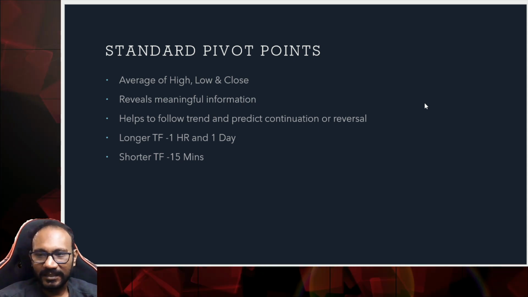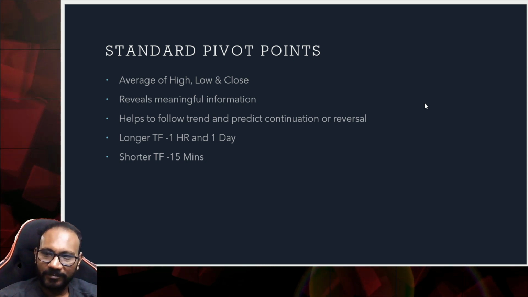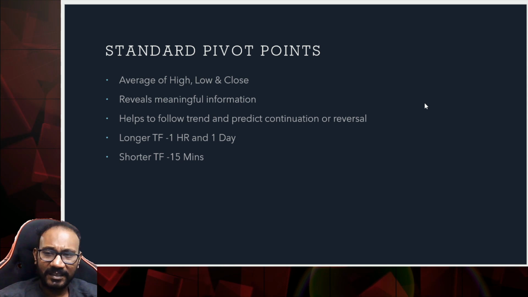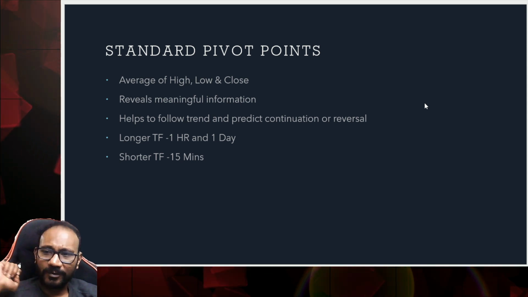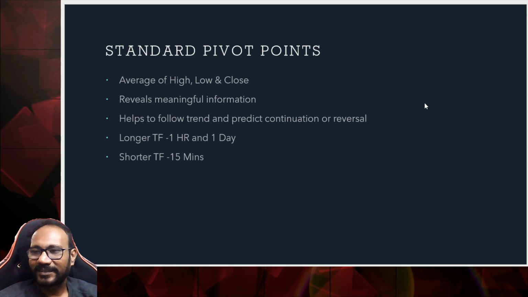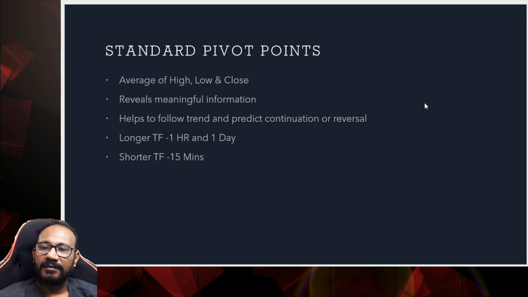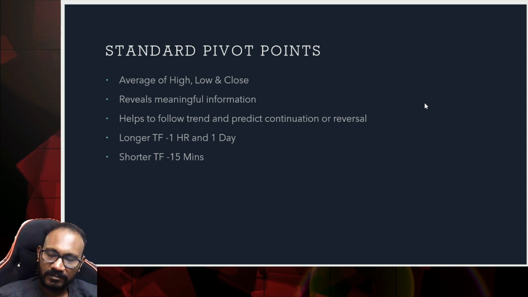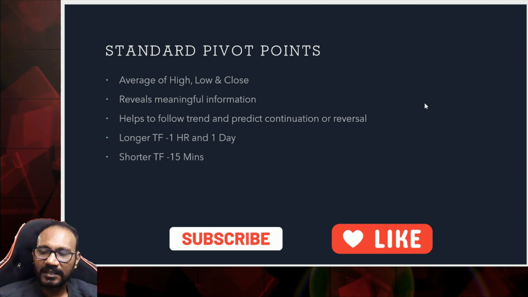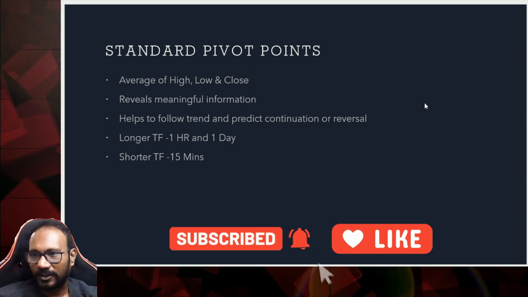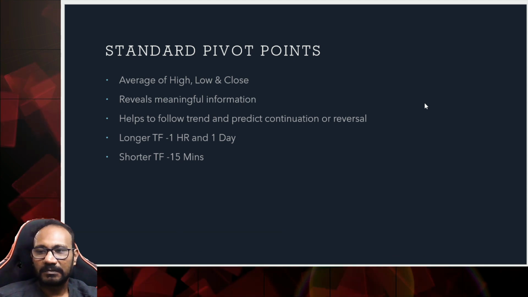Let me explain that through a chart, but the very essential part of standard pivot points is the pivot. Pivot is the place where the market makes a critical decision for the day, right? If the market is coming up from a downtrend and finds the pivot at the top, it's very likely to test it.